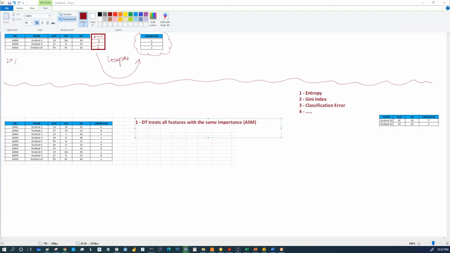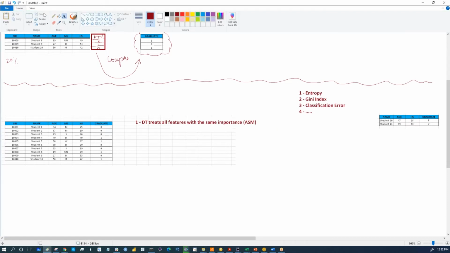So in other words, it is going to split on names, on the ID, on age, on marital status, on hours spent, etc. And the target variable is untouched.